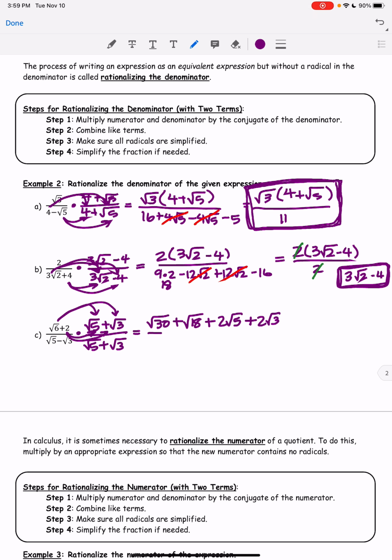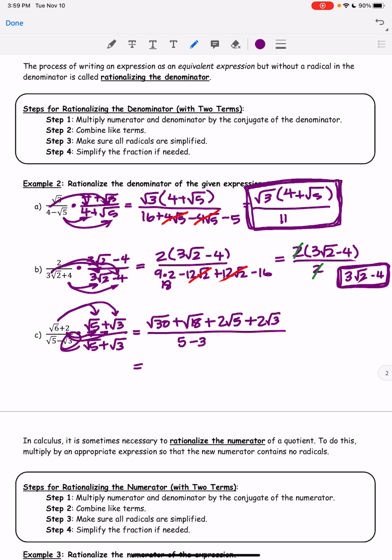So that's my top. On the bottom, square root 5 times square root 5 is 5. Square root 3 times square root 3 is 3. And because you have minus times positive, that's a minus here. So we can do a little bit of simplifying with this one.